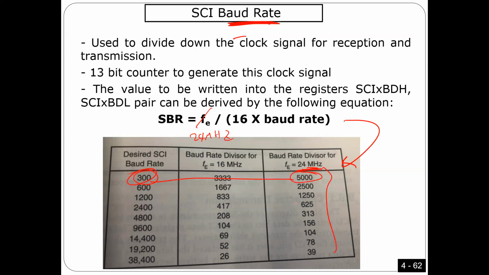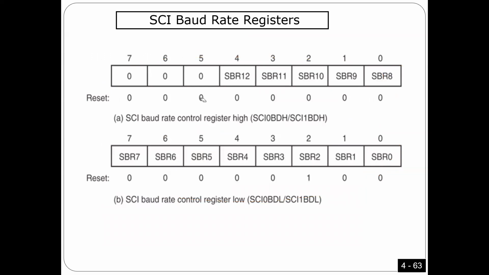After you decide what baud rate you want to use, you have to write the number. This number needs up to 13 bits. If you look here, this is the biggest number, and all we need is up to 13 bits. That's why we are going to use two registers, SCI0 BDH or SCI1 BDH.